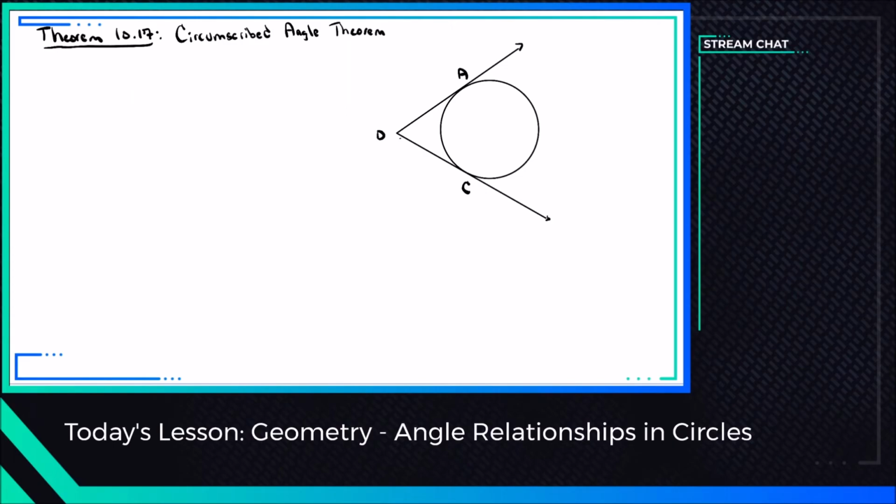All right, and then the measurement of this circumscribed angle is actually equal to 180 minus the measure of the central angle that intercepts the same arc. So if we have our center here, B, this is going to be the central angle that intersects both of those. And so the measurement of angle D is going to equal 180 minus the measurement of angle B.